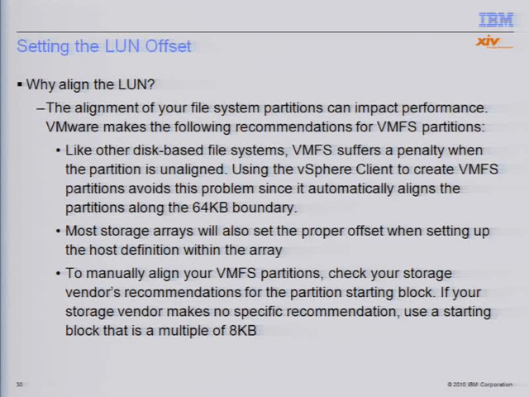If you don't set the LUN offset properly, you could get what's called boundary crossings or stripe crossings. Different vendors call it different things. You can be crossing boundaries, and that could impact your performance considerably. You could have a 20% gain of performance just by setting up your offset to the proper setting that it should be at.